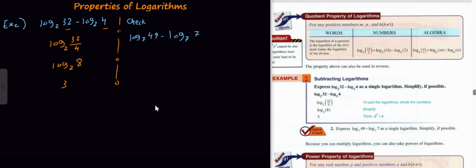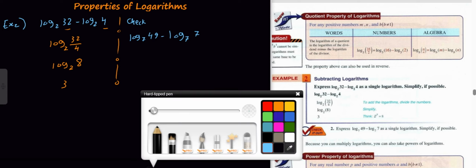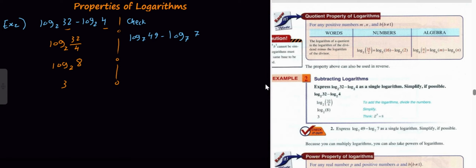We have some ways to solve it, but let's solve it by our way, which is to divide them. We have log base 7 of 49 divided by 7. Why do we divide? Because here we have a minus, so we divide these two numbers and our bases are equal.